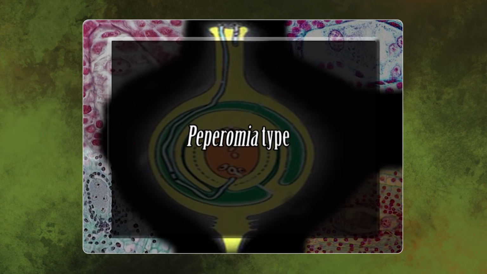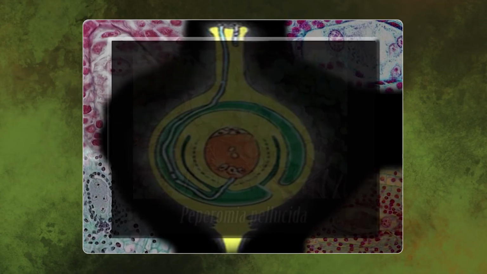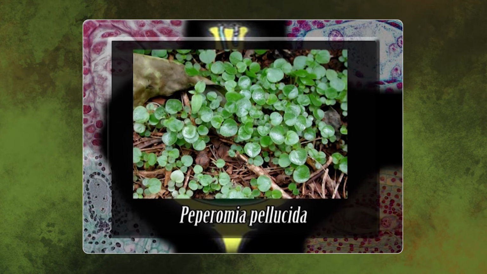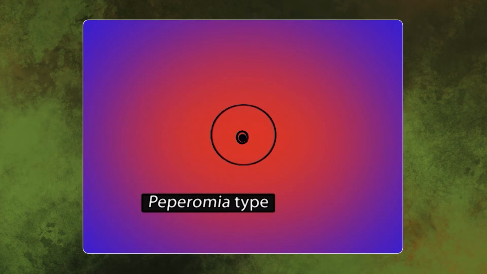Now let us discuss Peperomia type. Campbell in 1899 and Johnson in 1900 reported that in Peperomia pellucida there are 2 mitotic divisions in the 4 nuclei of the coenomegaspore after taking up tetrapolar arrangement and result in a 16 nucleate megagametophyte.